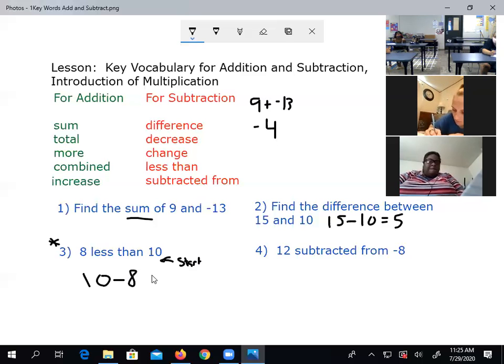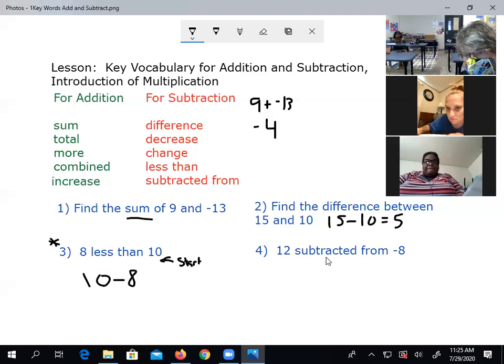So with 8 less than 10, order does matter here. That's not 8 minus 10, that's actually 10 minus 8. That's the kind of thing you have to watch out for on GED tests, because 8 minus 10 is going to be on there as well, but that's not the correct one. Order matters in subtraction, so if subtraction is present, you really have to pay attention to who has to go first.